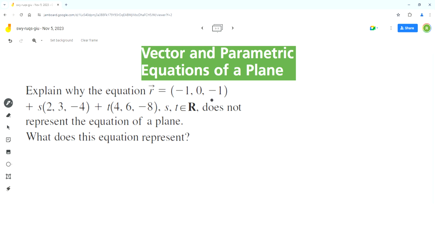This equation is given to us in vector form. So the first step is to write the general equation of a plane in vector form.